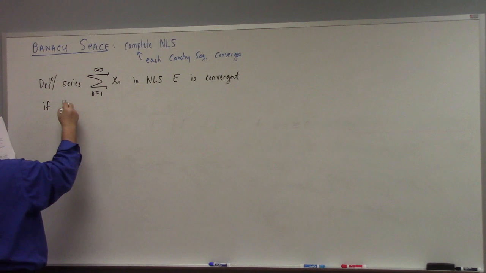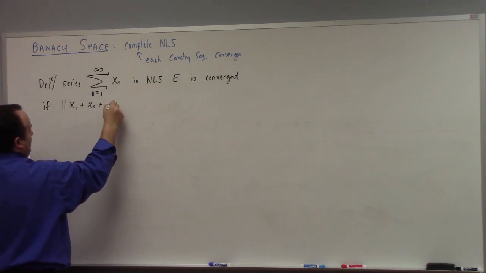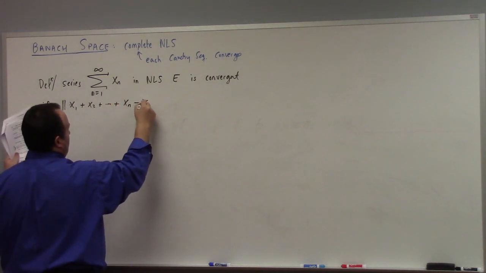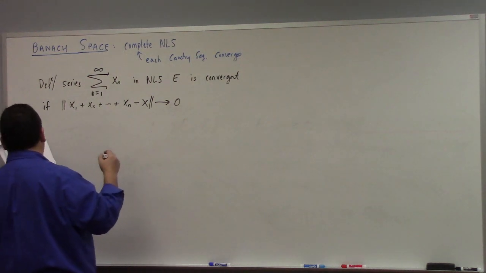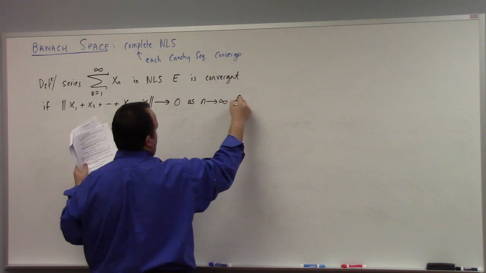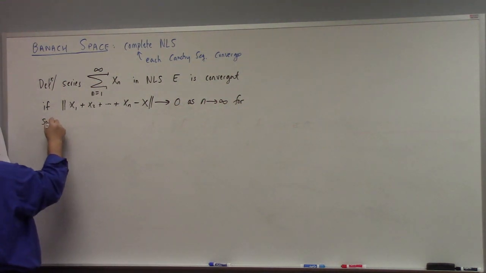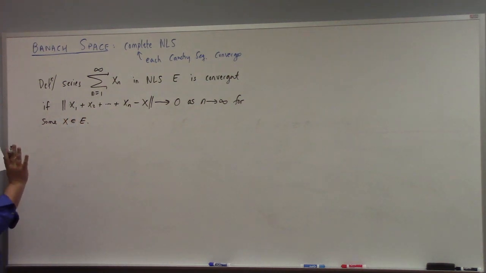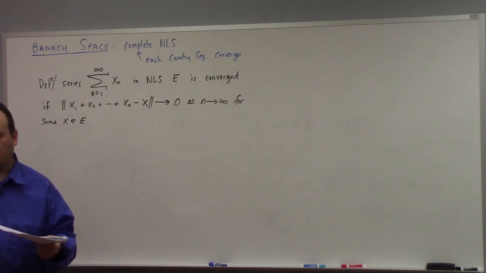The norm of x1 plus x2 plus and so on plus xn, minus x, goes to 0 as n goes to infinity for some x in E. Which is just symbolically saying that the sequence of partial sums converges.